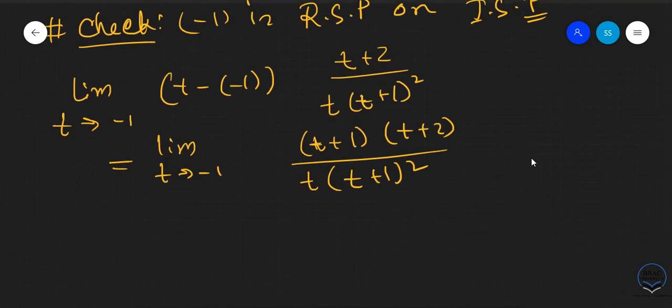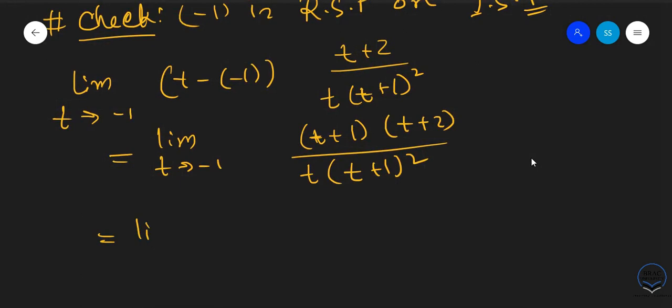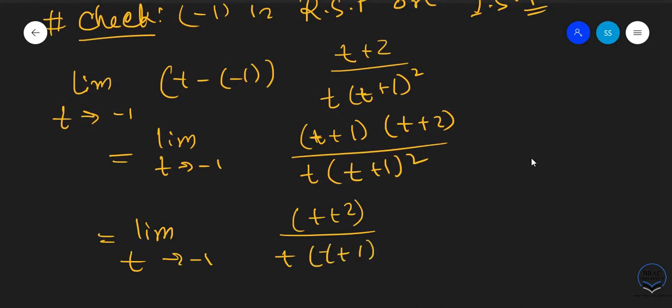You do the algebra and you evaluate the limit. That's as simple as that. So this is just 2 plus t plus 2, divided by t plus 1. Now if you evaluate the limit, you can easily see that this is infinity, which is not less than infinity.